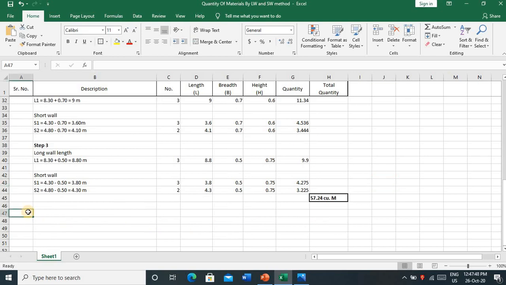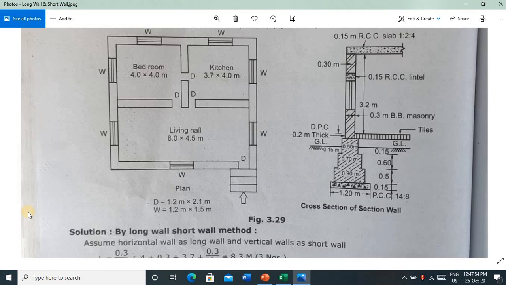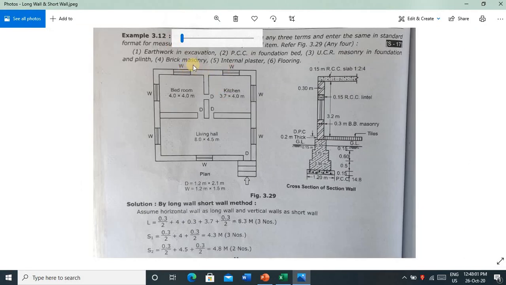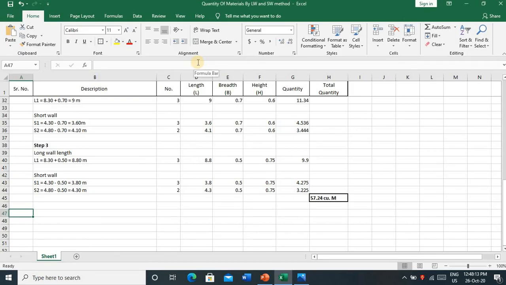Okay, so the next quantity asked in the question is brick masonry. See, we have done with earthwork in excavation, PCC in foundation bed, UCR masonry is also calculated. Now next is brick masonry.